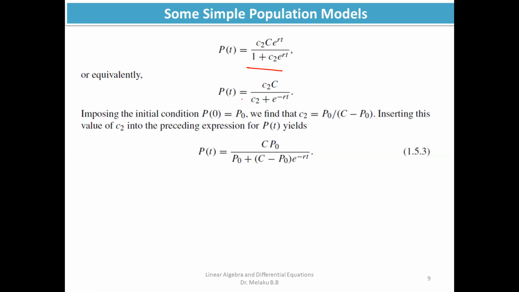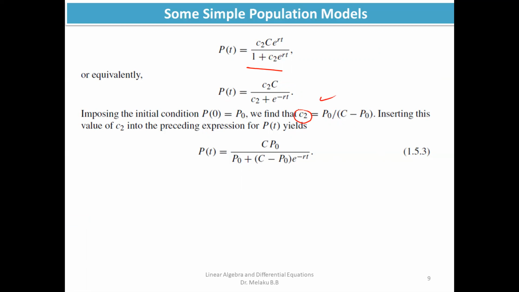Therefore, if we substitute the initial condition P(0) equals P0, we can find c2 directly. You can see it here. If t is 0, the exponential will be 1. So this will be c2 C over 1 plus c2, which equals P0. Therefore, c2 will be P0 over (C minus P0).